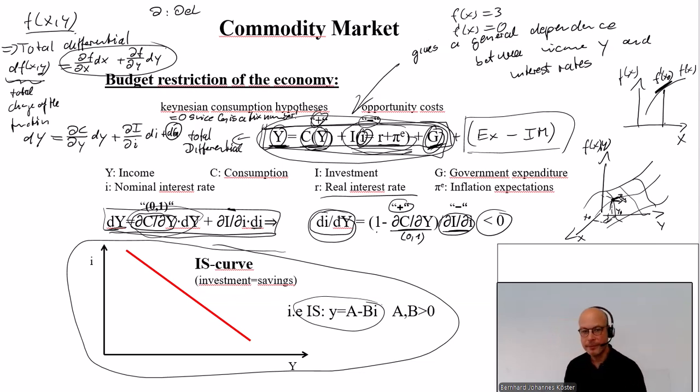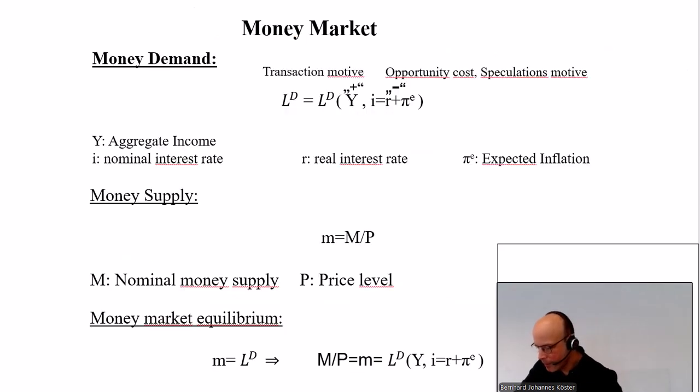Okay, then let's go to the money market. Here we will do it in the same way. On the next slide I did the graphical one, but let's do it in the same way that we also use the mathematical approach. So in general, again, we have our money demand function.